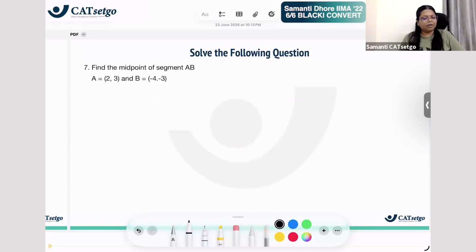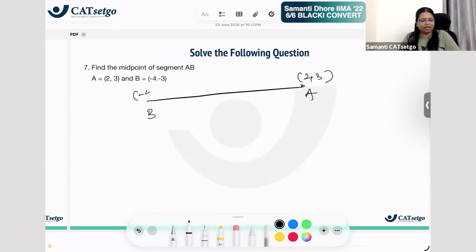So let us directly apply. Find the midpoint of a segment AB where A is 2, 3 and B is -4, -3. कैसे होगा मिड पॉइंट? मैंने पता आइडियली A इधर ड्रॉ करना चाहिए और B इधर, क्योंकि ये पॉजिटिव है और ये दोनों नेगेटिव है ना?